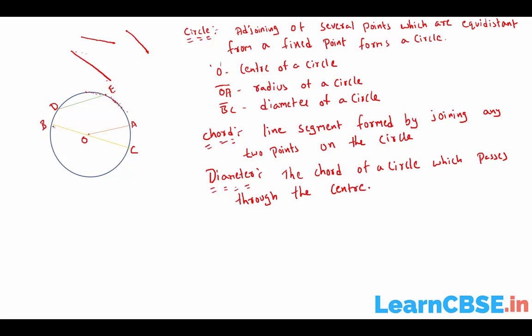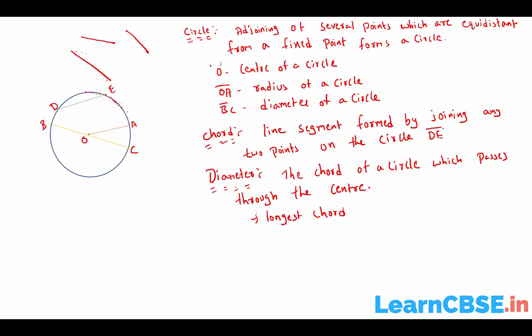Yes, obviously this is a chord because it is the line segment joining 2 points on the circle, but it is passing through the center. Whenever a chord passes through the center, it is called a diameter, and moreover it is the longest chord. Remember that the longest chord of a circle is nothing but the diameter, and here the chord is denoted by d, BC diameter.